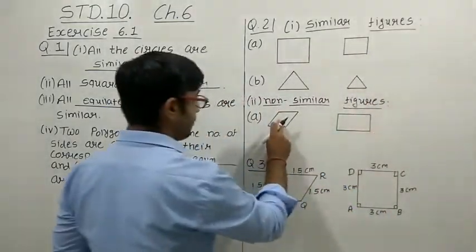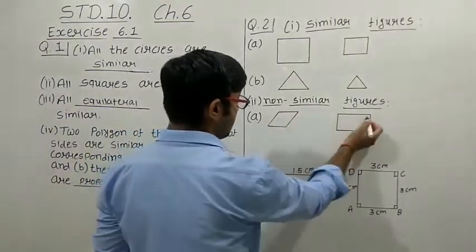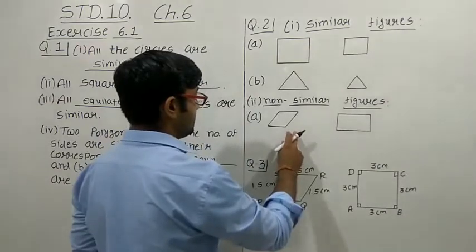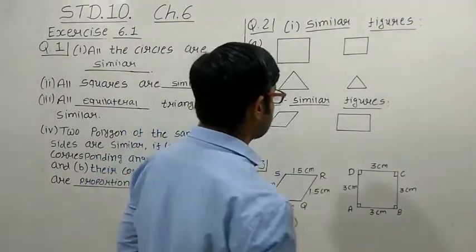You can see that four sides are there, but the angles are not equal, so we cannot say these figures are similar. So this is one example of non-similar figures.